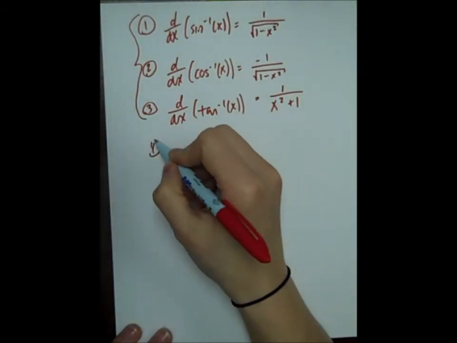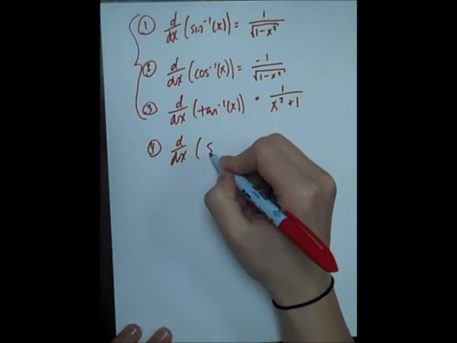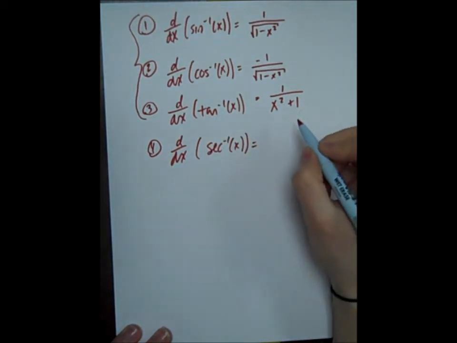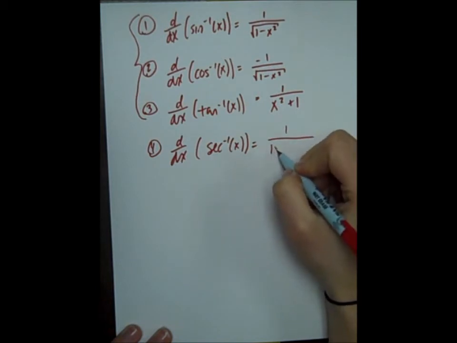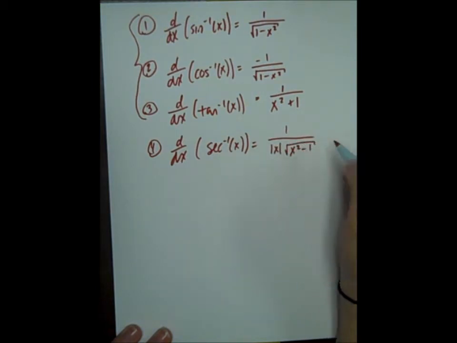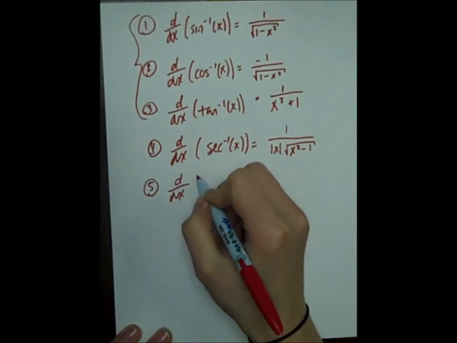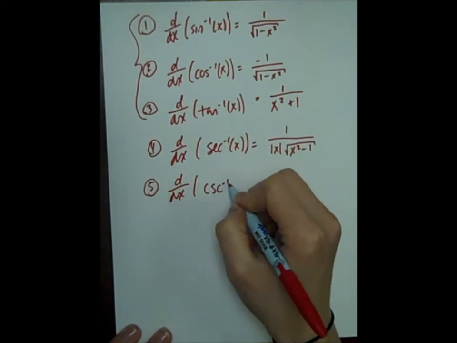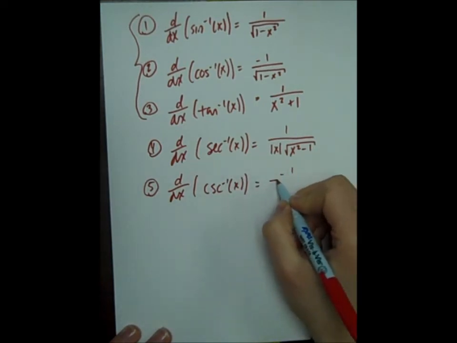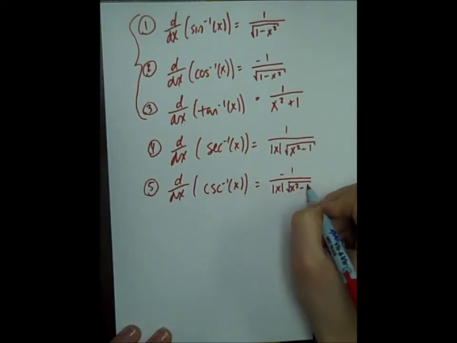But we do have the inverse derivatives of the other three. So I have the inverse of secant. Derivative of that is going to be 1 divided by the absolute value of x times the square root of x squared minus 1. I have the derivative of the inverse of cosecant is negative 1 over absolute value of x times the square root of x squared minus 1.